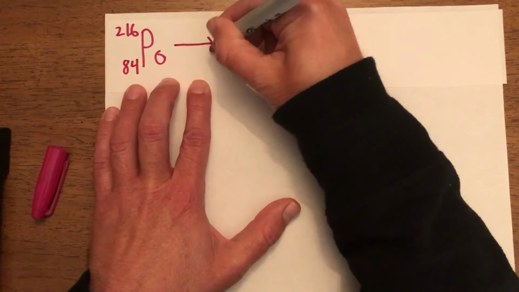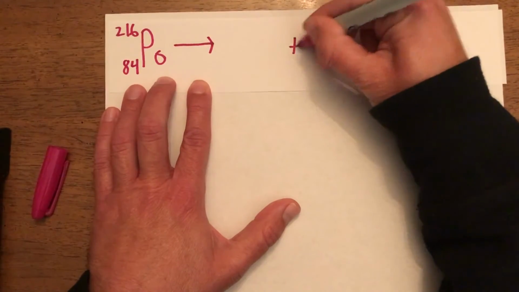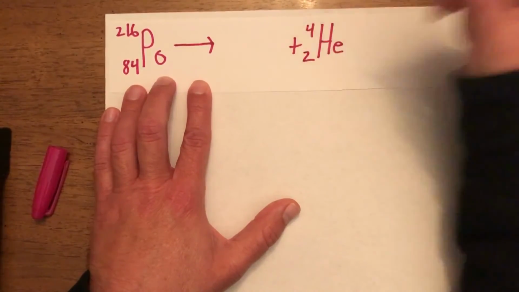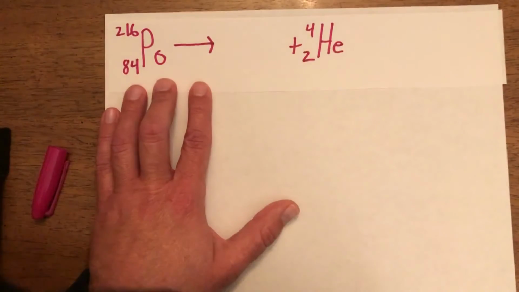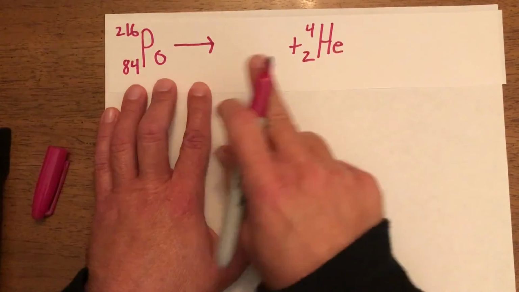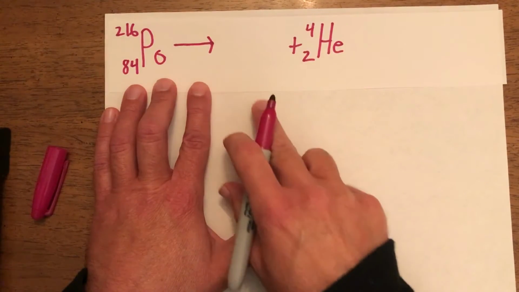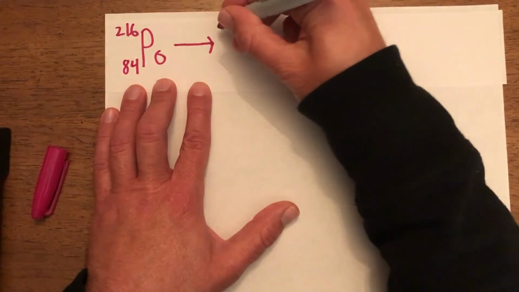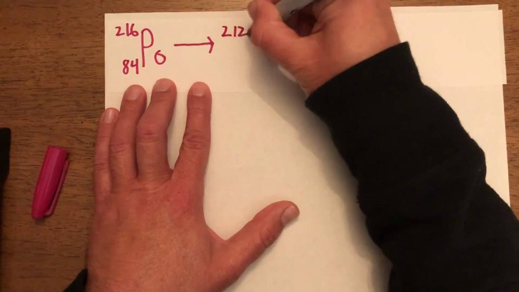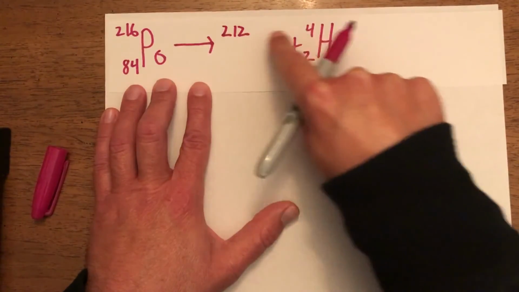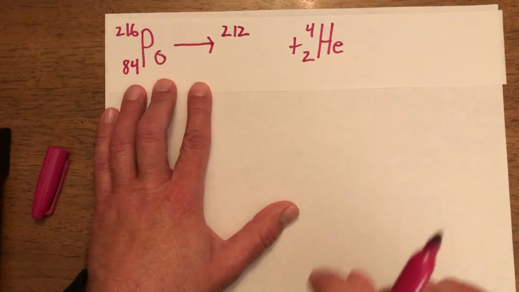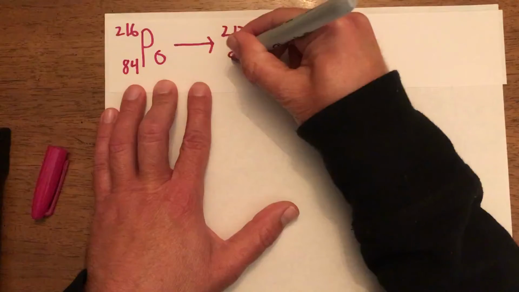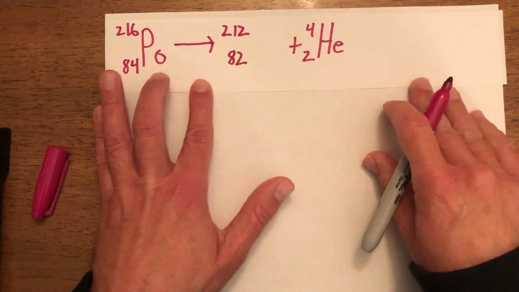And let's say they indicate that it goes to something, plus they already show you over here that we've got an alpha particle spitting out. So if that's the case, then what is the other element that's now left over? Well, we can see here, we know we always lose 4. So that means we've got to have 212 here, because 216 minus 4 is 212. And likewise here, 84, we know we lost 2, so now our atomic number is down to 82.